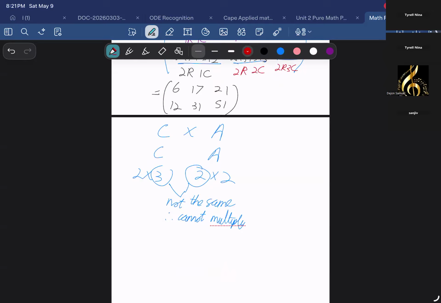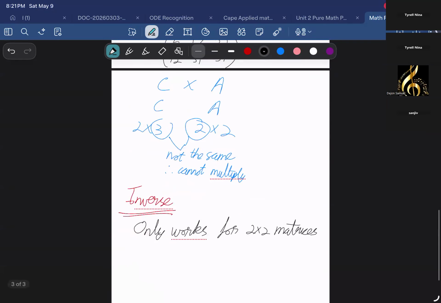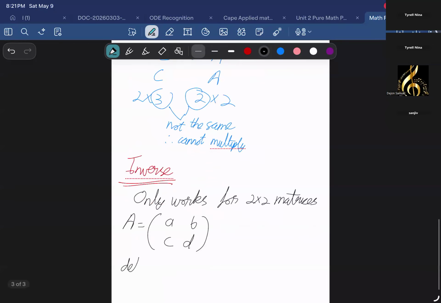The other difficult thing is inverse. It only works for 2 by 2 matrices. So if I have a 2 by 2 matrix, A is A, B, C, D. The determinant of A is AD minus BC.